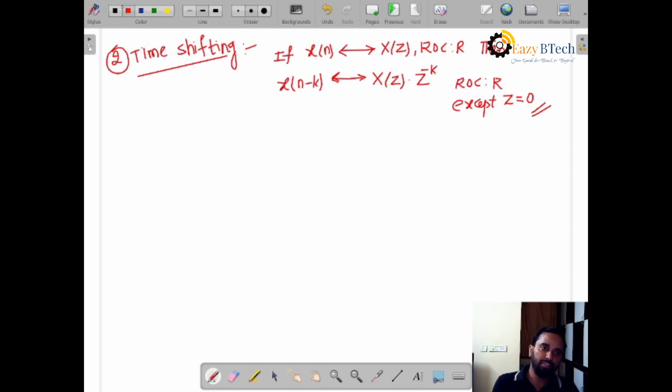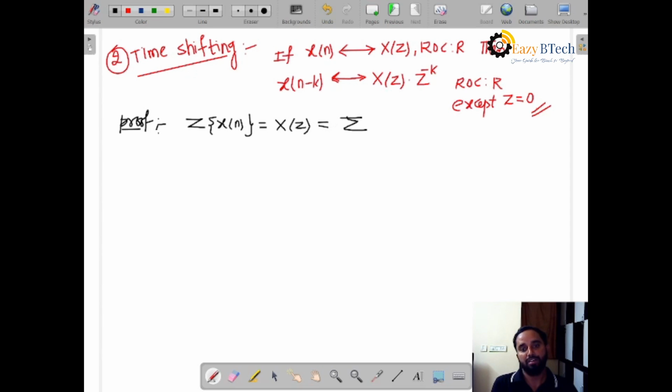Now see the proof of this time shifting property. As I said, Z transform of signal x of n is x of z, equal to summation n is minus infinity to plus infinity x of n z power minus n.